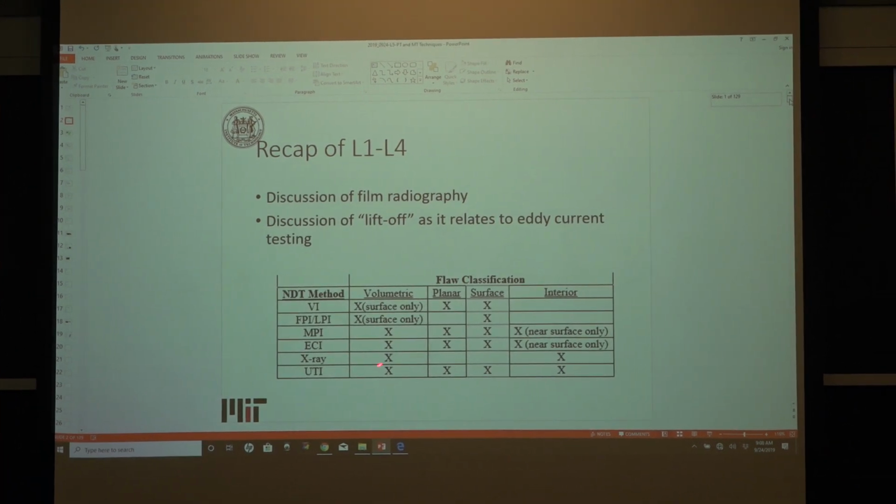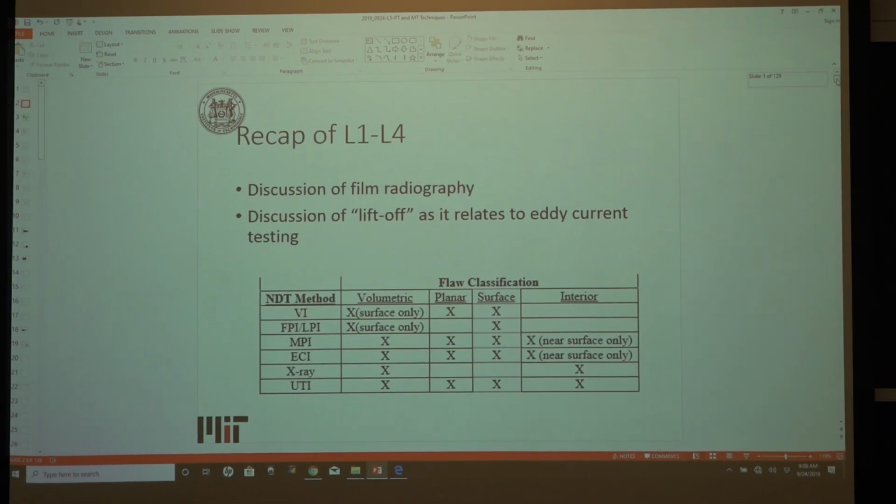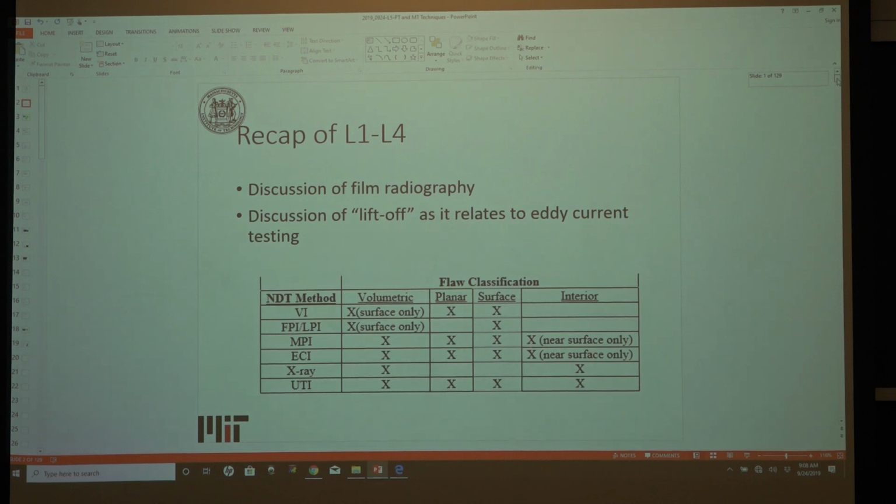So for certain techniques, like visual testing, you can really only get a surface view, so there is no opportunity to see an inclusion just by visual exam. As we discussed yesterday, the eddy current exam has capability for near surface inspection, but it drops off as 1 over the square root. So when we say near surface, we're only talking millimeters before you lose that resolution in the sample.